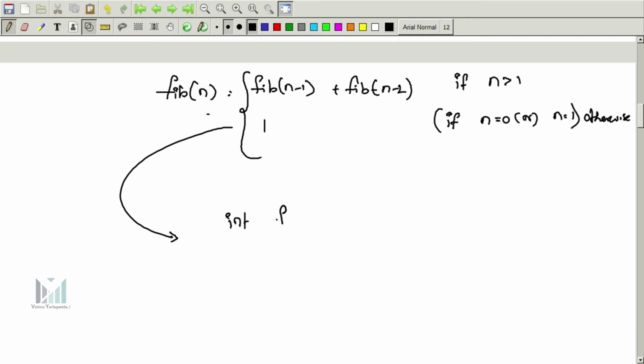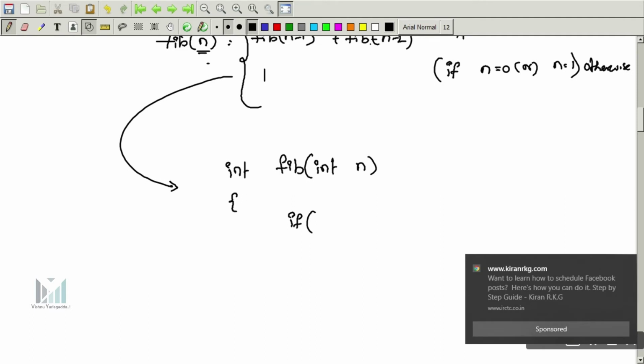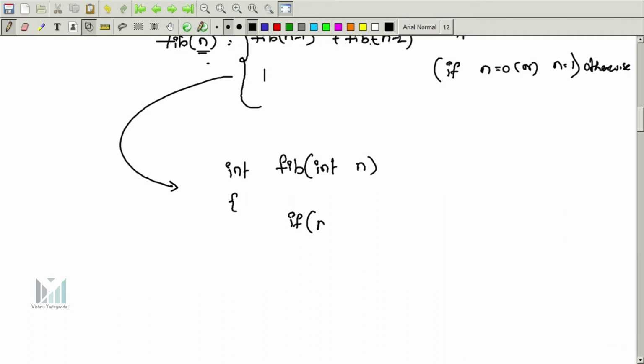Int fib, I am passing only one value n, because it is returning an integer, since it returns either the sum of these two things or 1. Fine. Now what are we going to check? If n equal to 0 or n equal to 1, then we have to return 1.